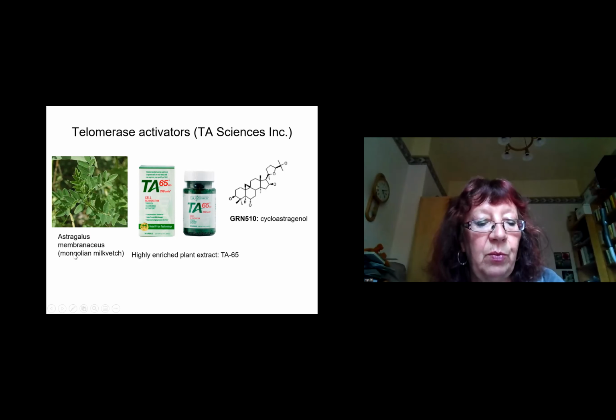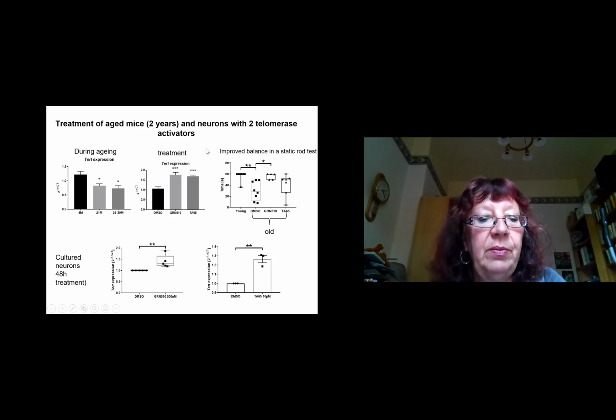So what we did initially is a pilot study where we treated 2-year-old mice. They were all female mice. First, I want to show you the data which I mentioned previously, that in mouse brains, old mice, 21 to 30 months old, compared to 4 months old, have less TERT expression.